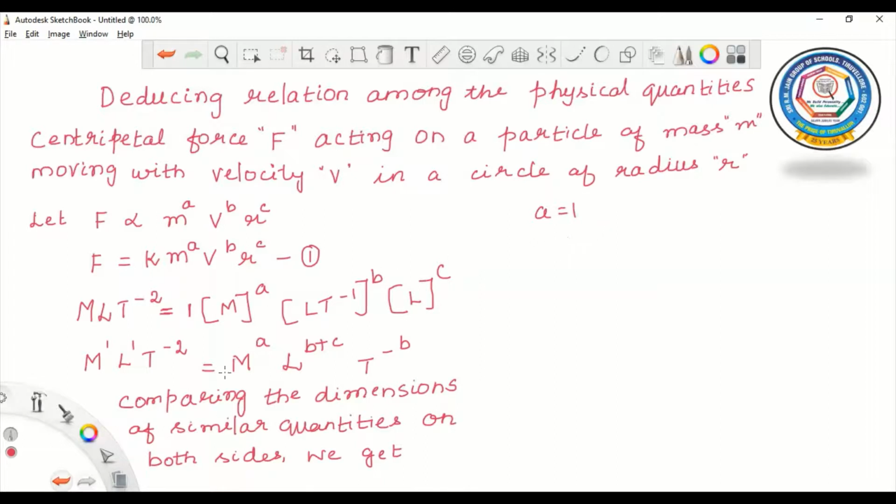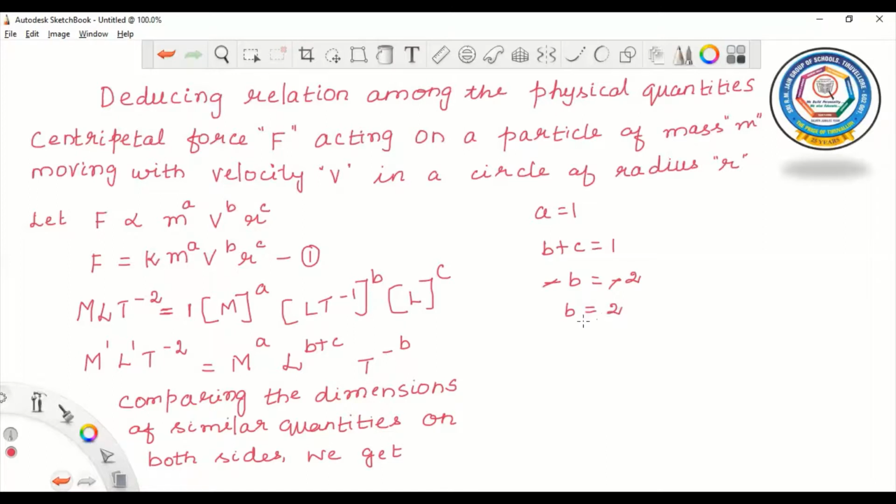Then here L power 1, here L power b plus c, right? So we can write that b plus c is equal to 1. And here you have T power minus 2, here you have T power minus b, right? So minus b is equal to minus 2. The minus and minus get cancelled, so you will have b is equal to 2.